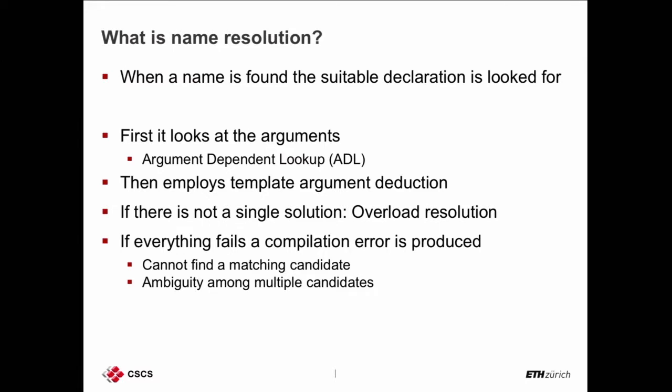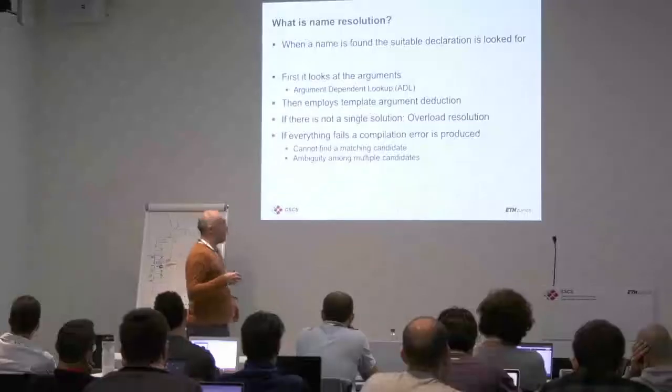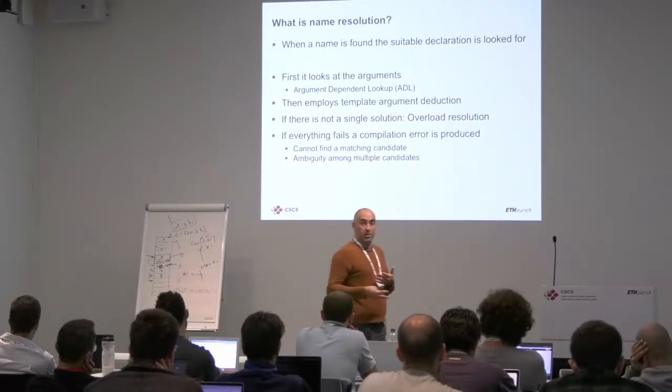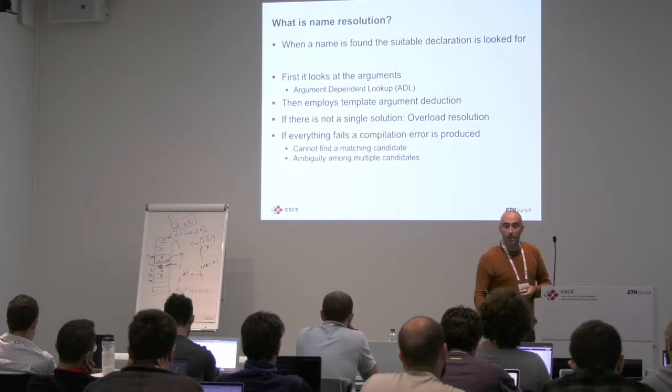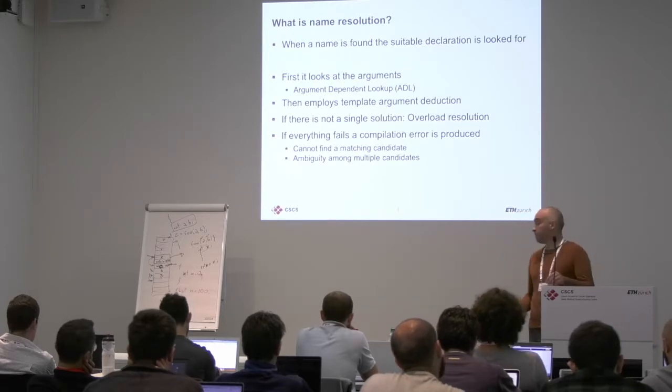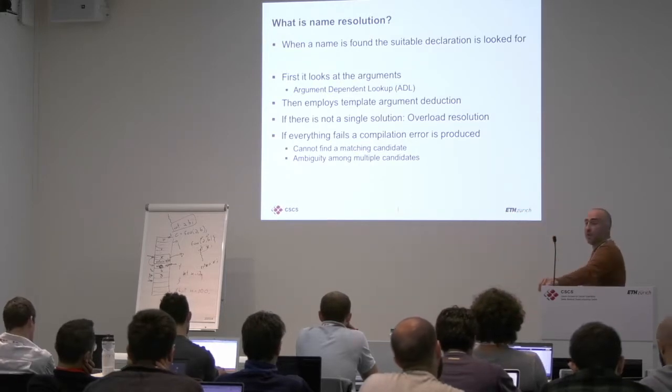It will look for that symbol, right? You search for the symbol that matches. If there are multiple symbols that match, it will go through overload resolution. It means there are many options, I need to pick the right one or the best one.